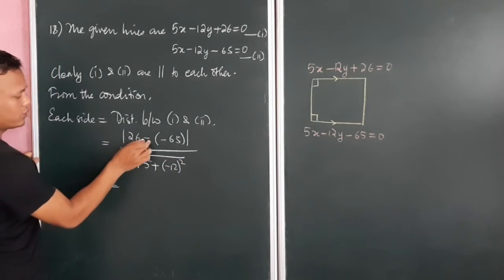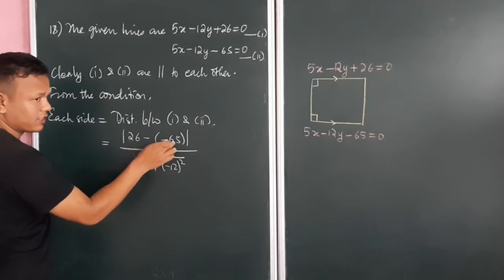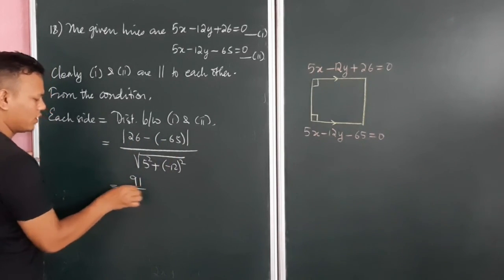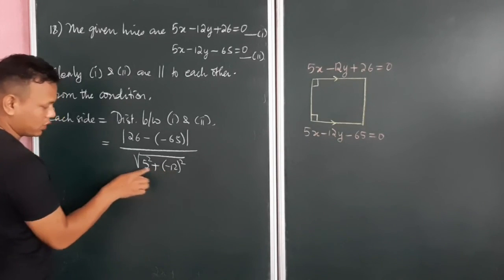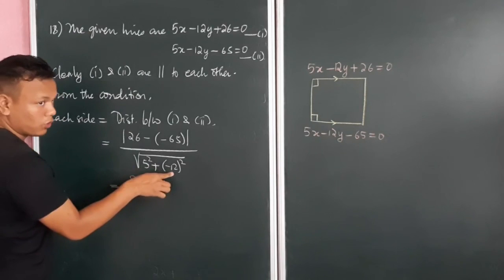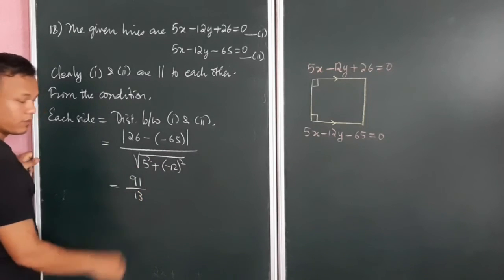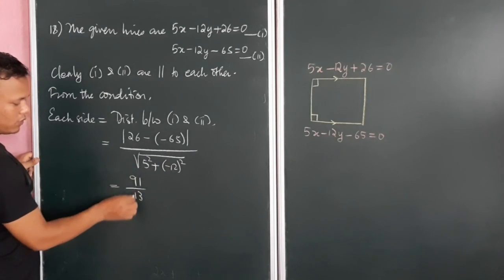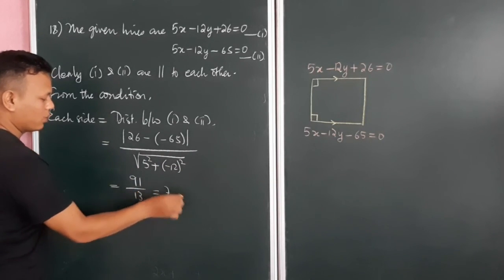Minus into minus is plus, so 26 plus 65 is 91. So 91 divided by the square root of 5 square plus 144. This is 25, this is 144, and 25 plus 144 is 169. The square root of 169 is 13. If you divide 91 by 13, you will get 7.